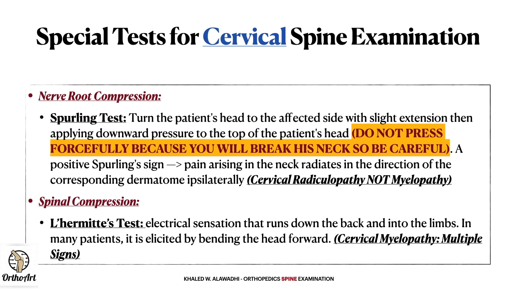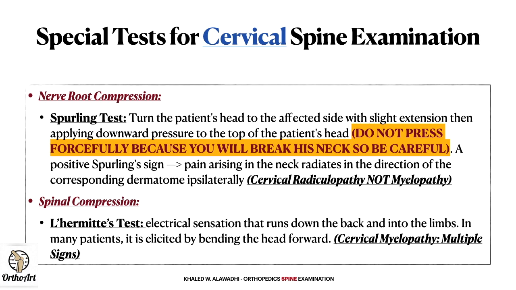However, in spinal compression, Lhermitte's sign or test is an electrical sensation that runs down the back into the limbs. In many patients, this is elicited by bending the patient's head forward. Now, this is called cervical myelopathy, which involves multiple signs. This is not restricted to one nerve. It can involve multiple areas.